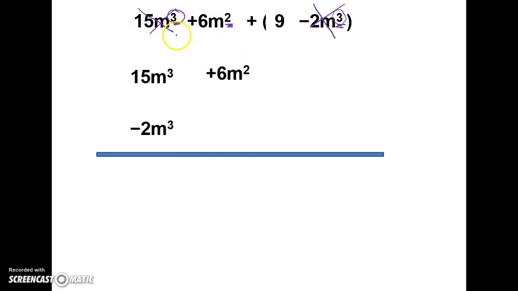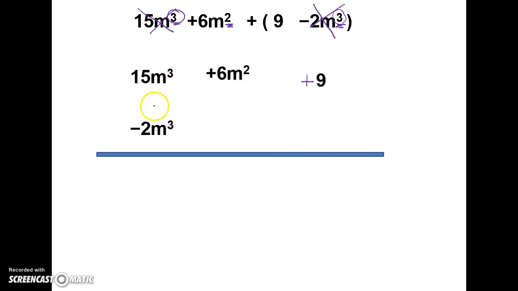Do you see any more m to the seconds? I don't either. I do see a 9. A lot of students ask, is it a negative 9 or a plus 9? In front of this 9 there doesn't seem to be any sign. There's a plus symbol out there, but this 9 looks like a positive 9. So I'm just going to put that plus there.